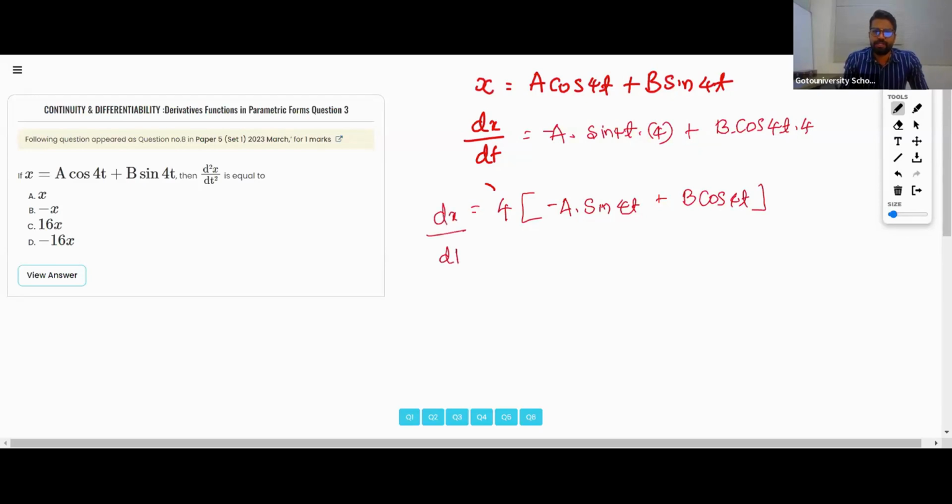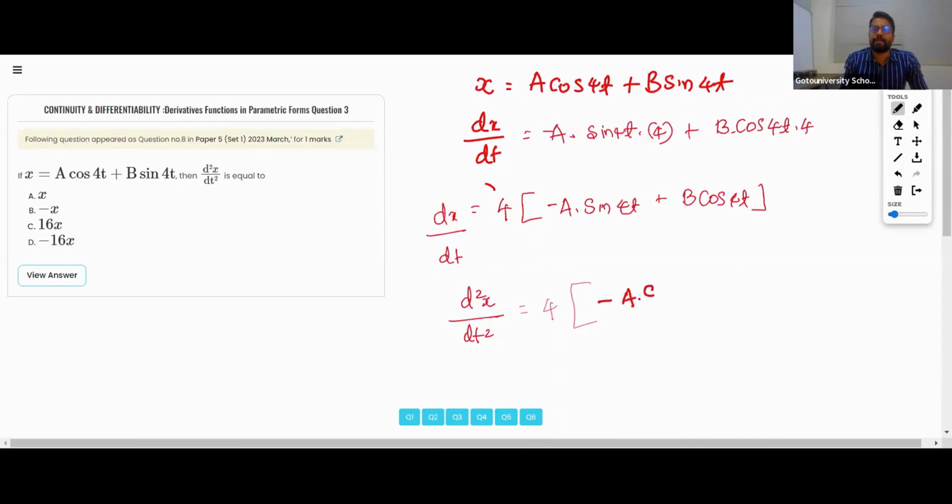So we'll differentiate this again, d square x by dt square. Slowly, we'll take the 4 outside. This is a very interesting question. Now minus, if you differentiate again, you'll get the same function with a minus sign.